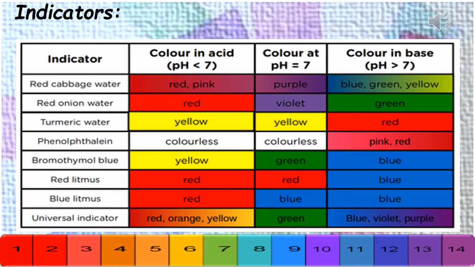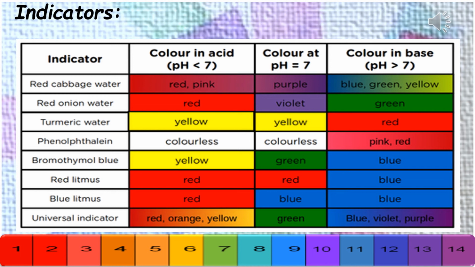When it's red cabbage water, it turns red or pink, that is slight magenta, in acids. In neutral solution, it turns purple, and in basic solution, it gives you blue, green and yellow color.